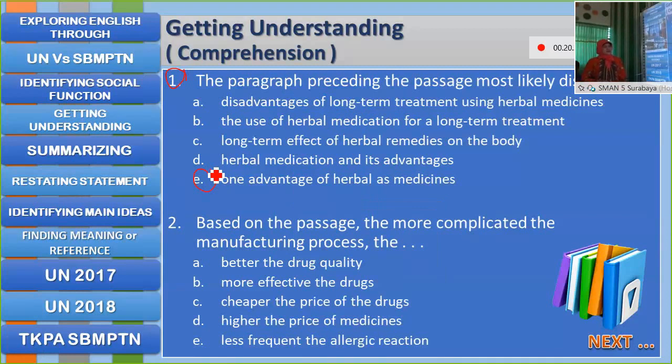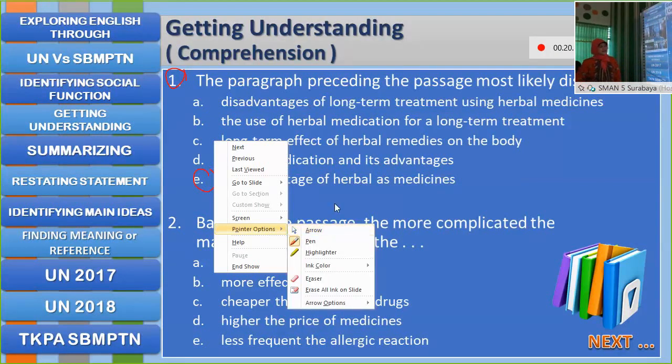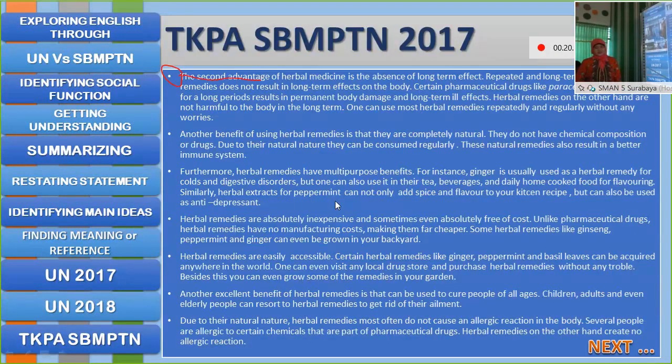And the second question is still asking you to think deeper. The question is, based on the passage, the more complicated the manufacturing process, the blah, blah, blah. Yeah, kembali ke teks. This question will be about which paragraph?